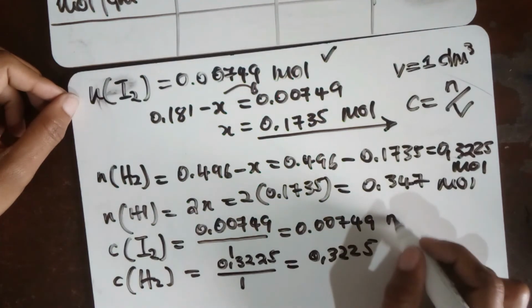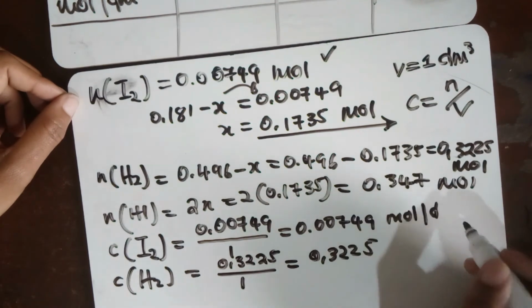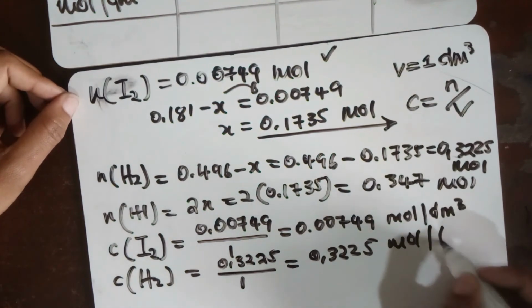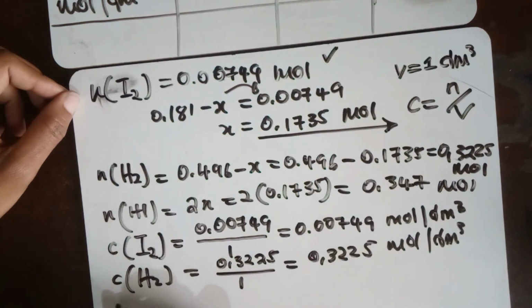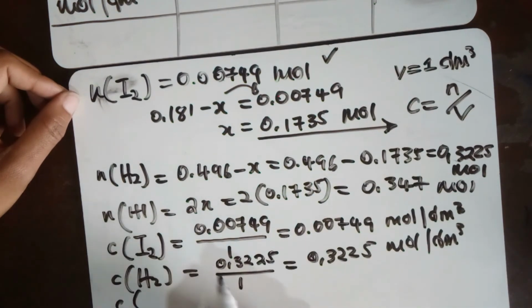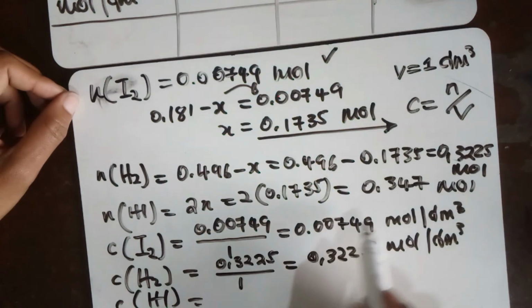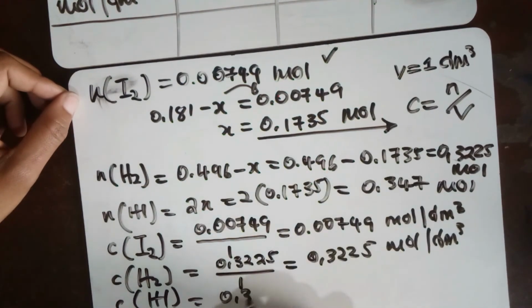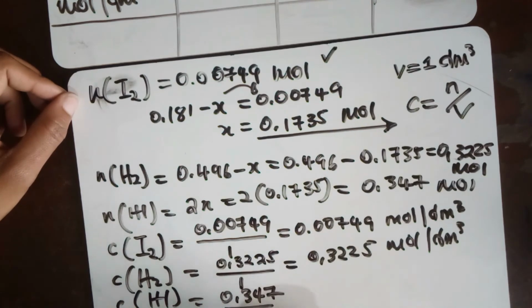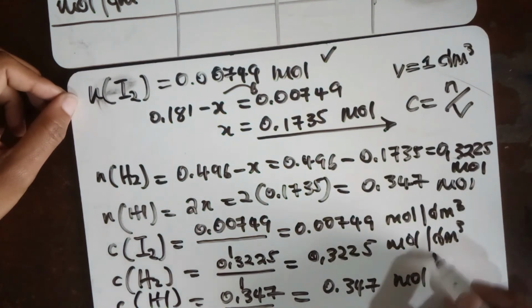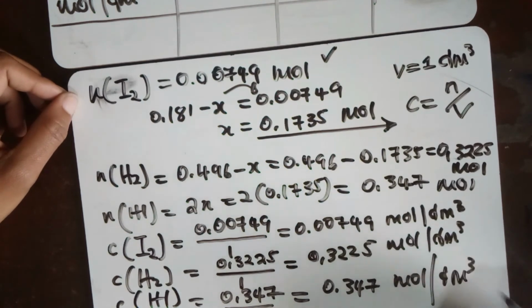Remember, this is measured in mole per cubic decimeter. Do the same thing for hydrogen iodide. We found the number of moles to be 0.347, divided by 1, which means it's 0.347 mole per cubic decimeter, right?